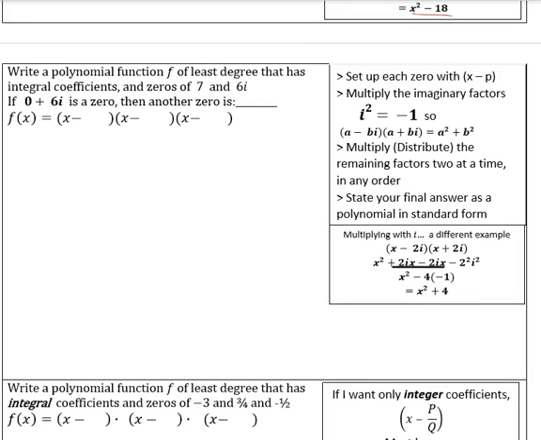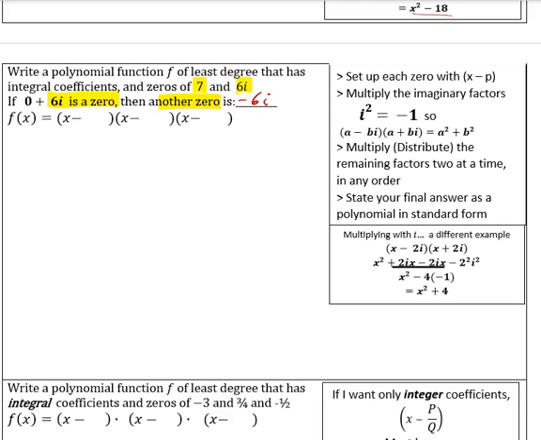Write a polynomial function f of least degree that has integral coefficients and zeros of 7 and 6i, which means if I have 6i as a 0, then my other 0 will be a negative 6i.